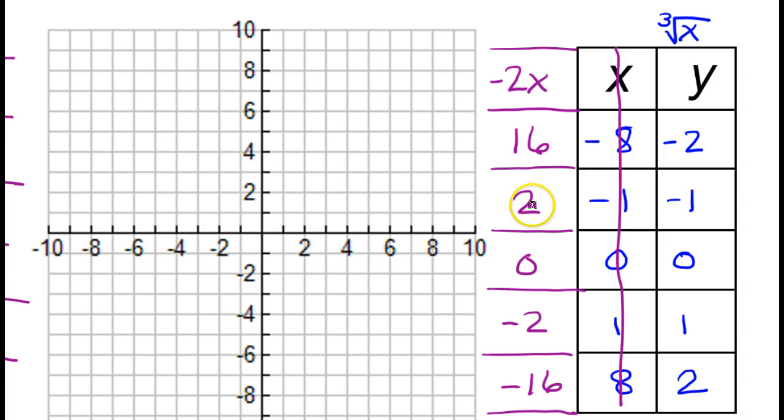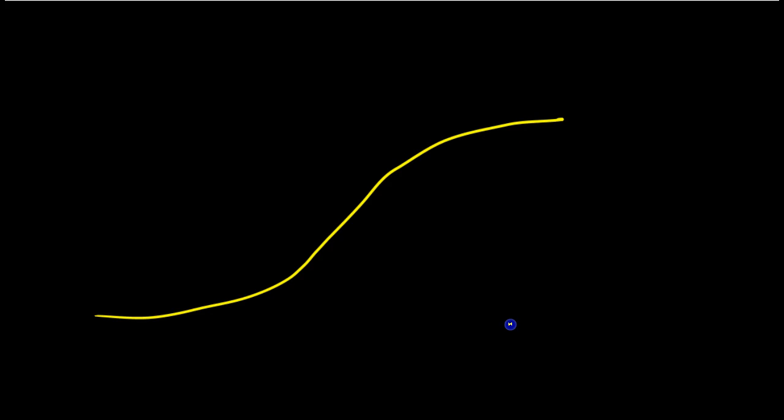Okay, so I've got 2, -1, so that's right here. I've got 0, 0. I've got -2, 1. Now, in general, cubic functions look sort of like this, or if they start high, they look like this.